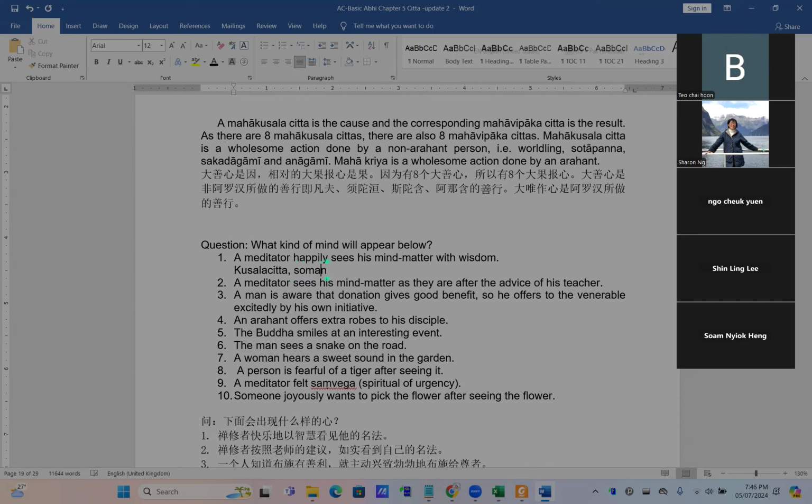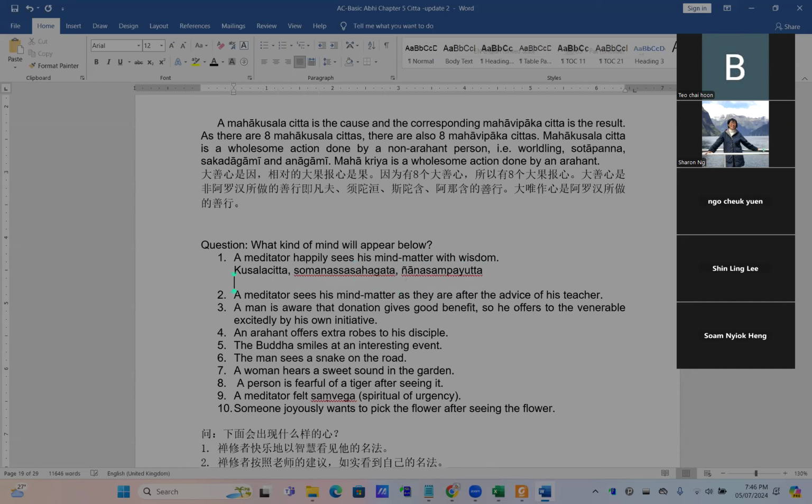Somanasa Sahagata, happy. Okay. Nana Sampayutta. Sampayutta. Okay, good. So one wholesome consciousness, with wisdom, accompanied by pleasant feeling, associated with knowledge.